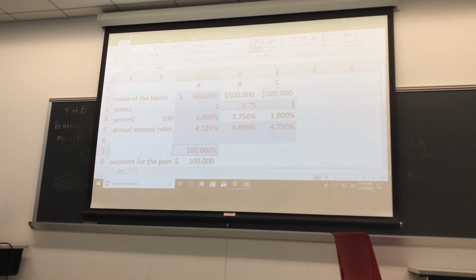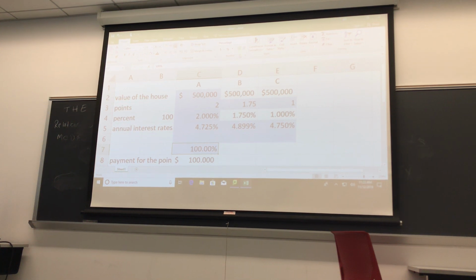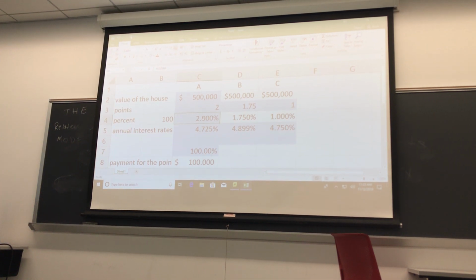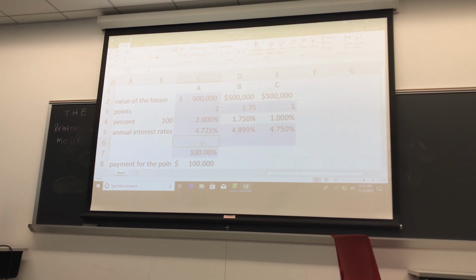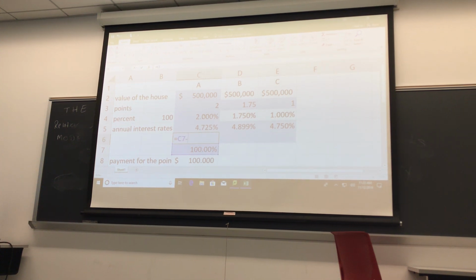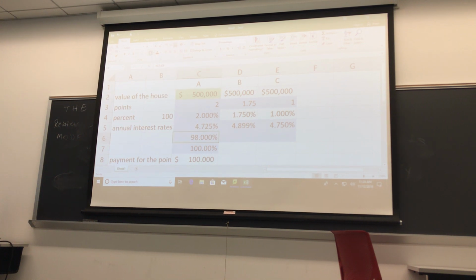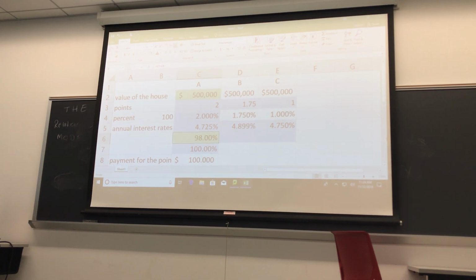The entire loan is 100% of the amount that I borrow. 2% is something that the bank gets, which means the remaining is what I need to have for my house, which means the value of the house, I changed the color, is 98% of the amount of loan that I have.